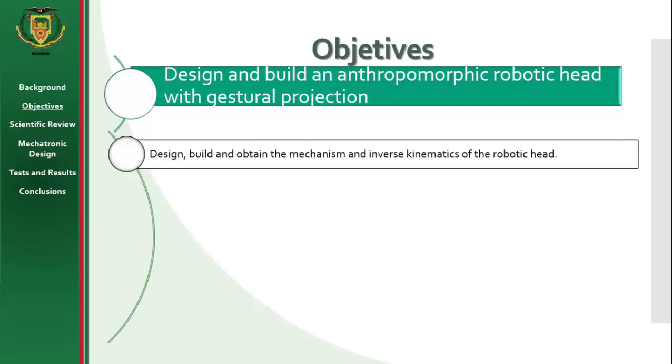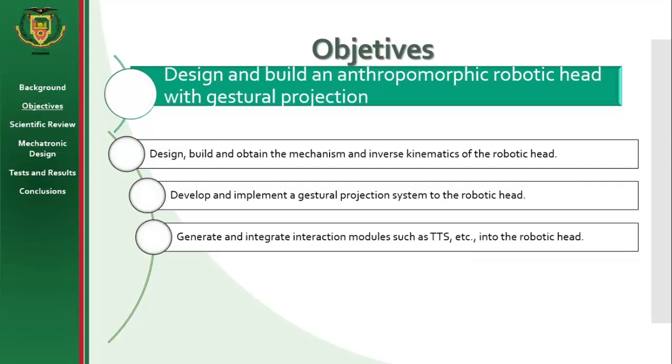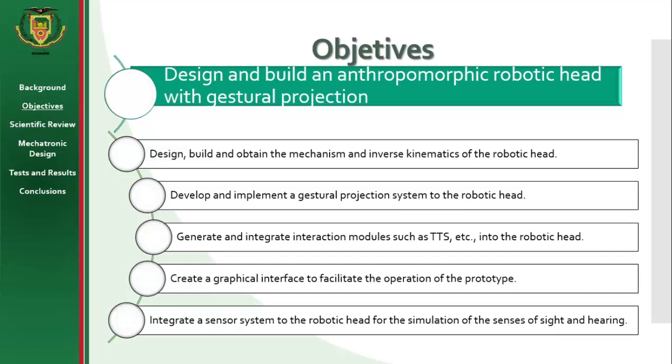The specific objectives are to design, build, and obtain the mechanisms and inverse kinematics of the robotic head; develop and implement a gestural projection system for the robotic head; generate and integrate interaction modules such as TTS and STT into the robotic head; create a graphical interface to facilitate the operation of the prototype; and integrate a sensor system into the robotic head for the simulation of the senses of sight and hearing.